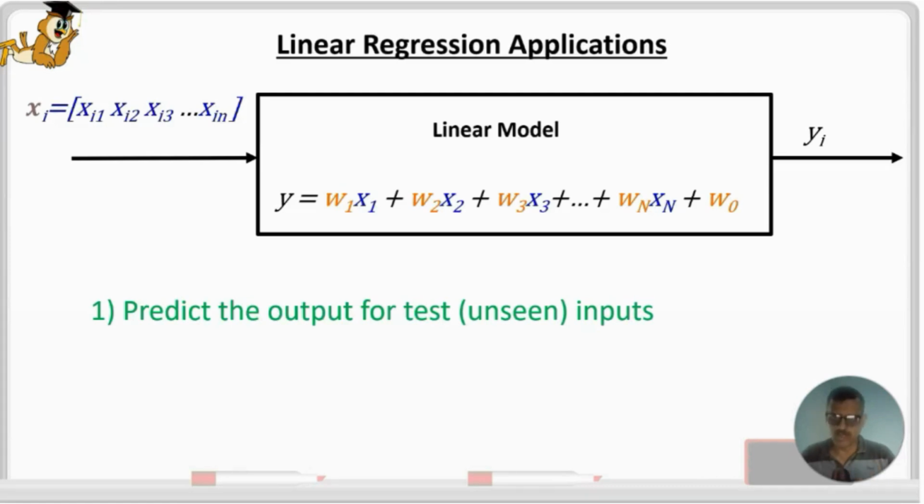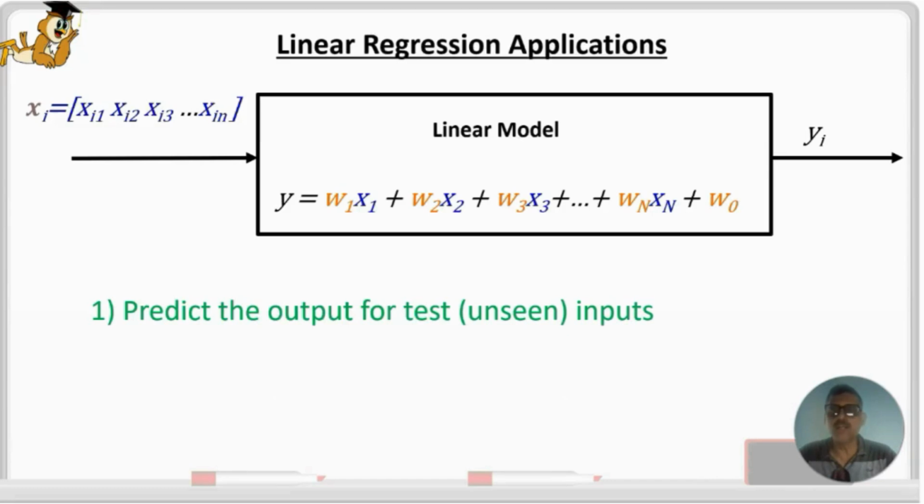Once you train your linear model and compute the best W's, you use that model to predict the output for test inputs. That's one application of linear regression, and this was the motivation for getting started in the first place.